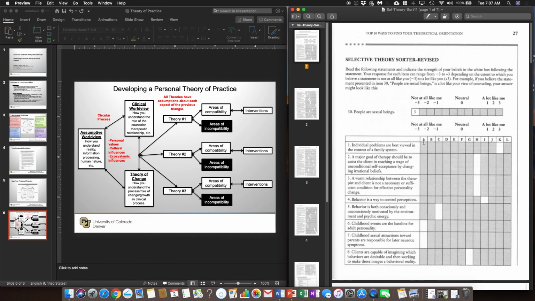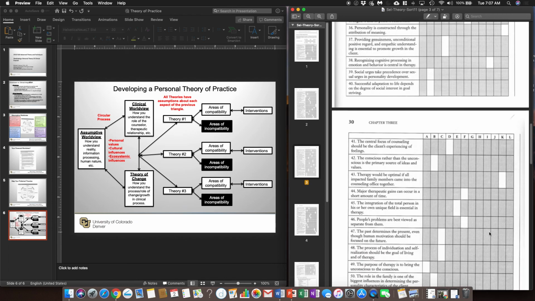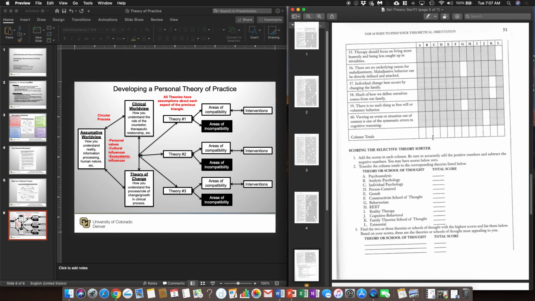And what you're going to find is that each of these A through L are different theoretical models. And at the end of the questionnaire, it's going to ask you to total each of the scores from each of these columns, and then put your scores here, and it'll tell you which models of therapy you are most aligned with. And so I would ask you not to look very much at these so that it doesn't guide your answers very much.